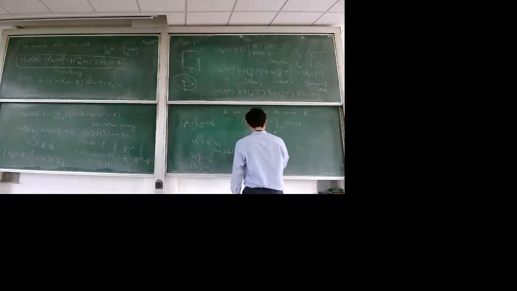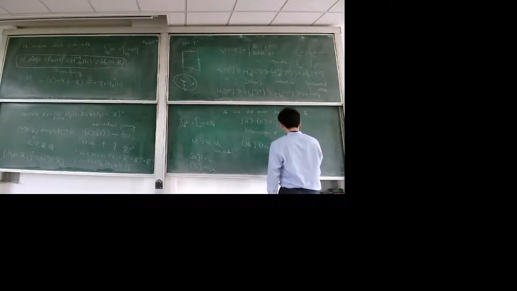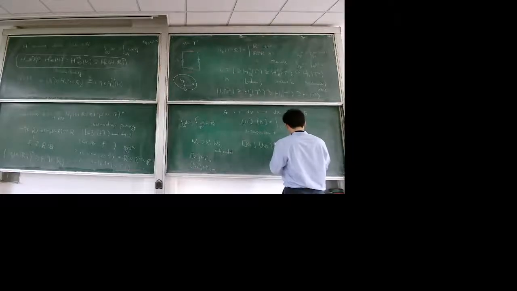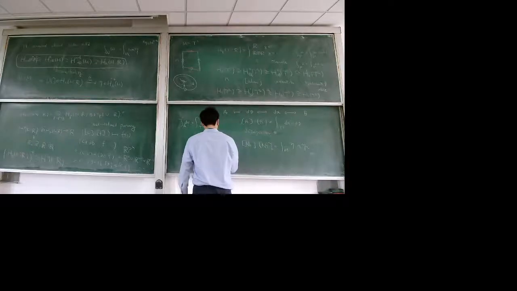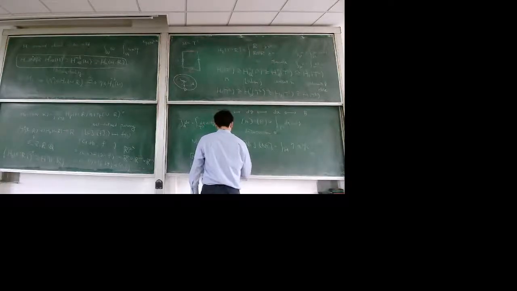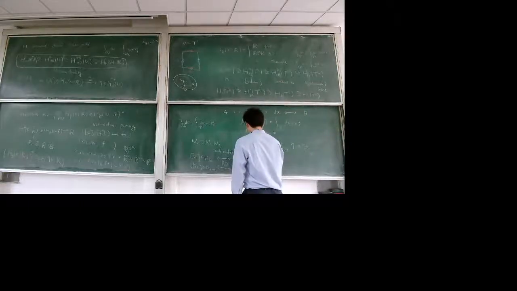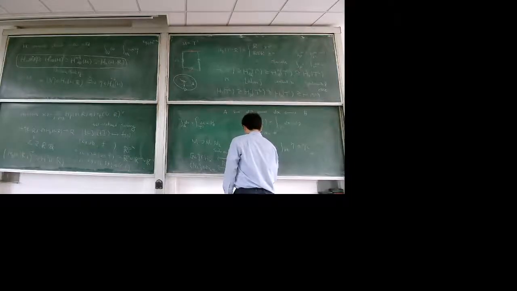In general, given a manifold and submanifolds N1 and N2 with classes in H_k, you can consider the intersection number by taking their Poincare duals, eta 1 and eta 2, in de Rham cohomology. These are in H^{n-k} de Rham cohomology.